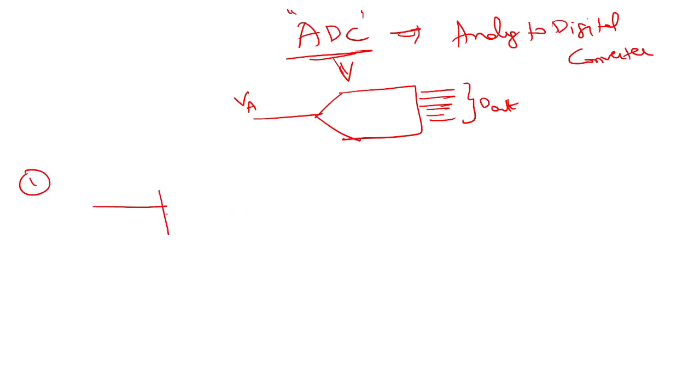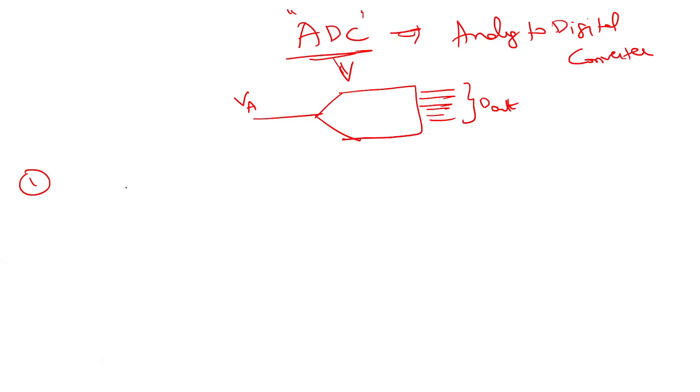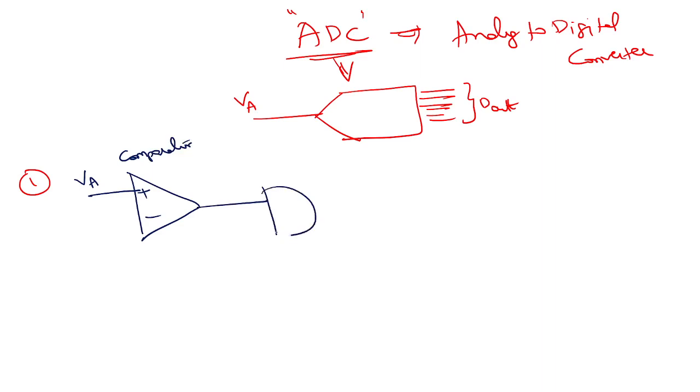Like this is an AND gate. This is VA. This is just a comparator. Then there is an AND gate. And there is a clock source.